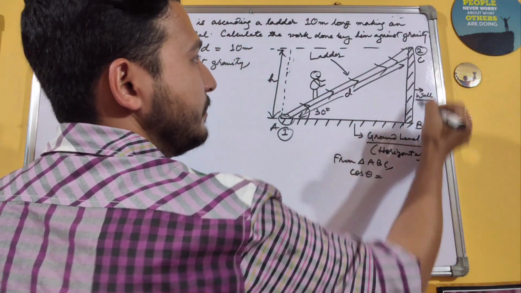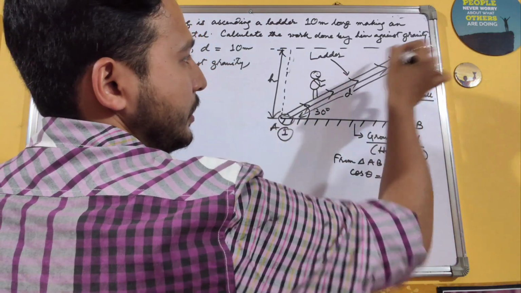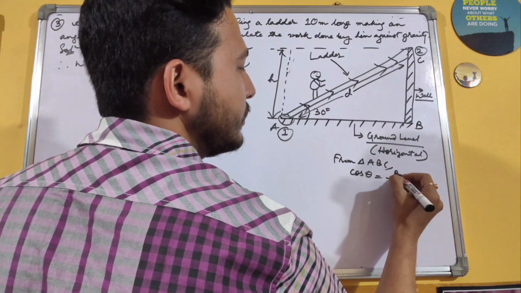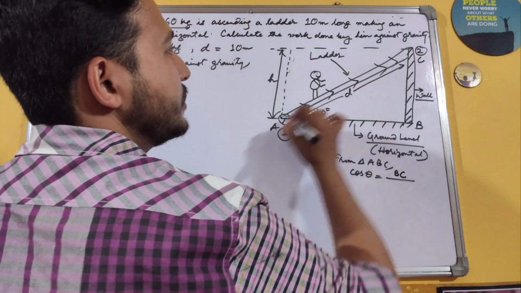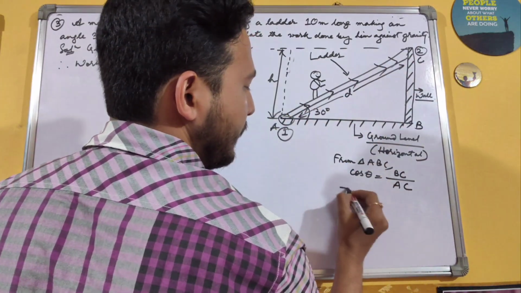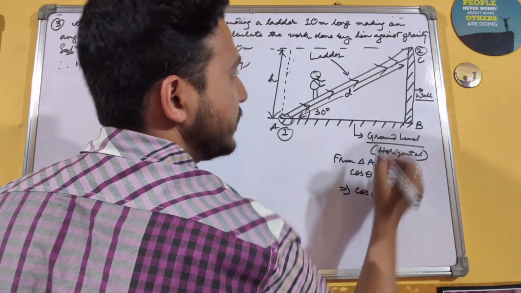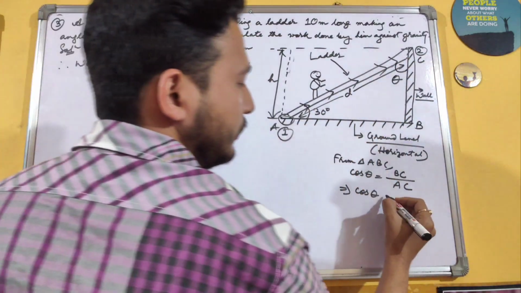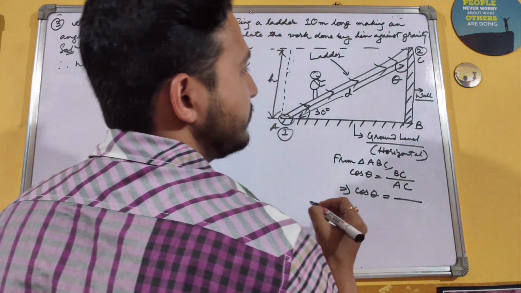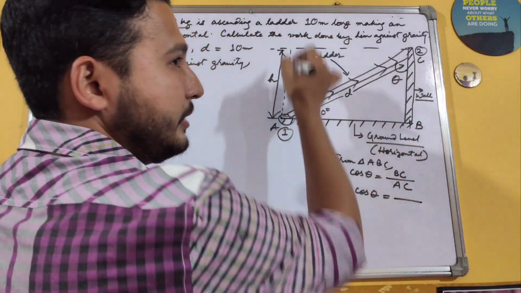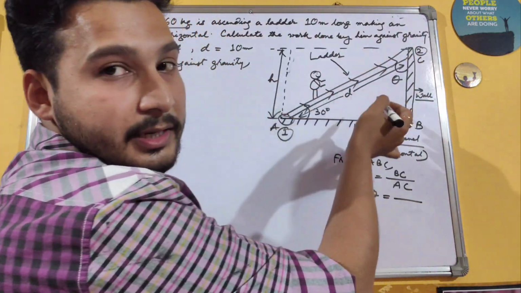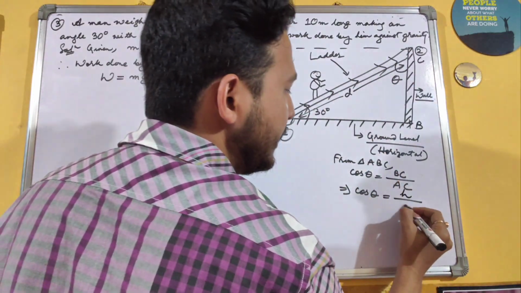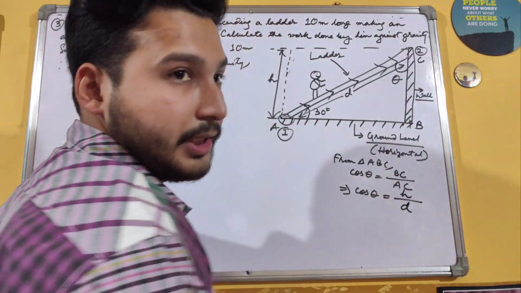Cos theta is base by perpendicular, BC by AC. This is the theta here, not 30 degree. BC is nothing but the height h, since in a rectangle the opposite sides are equal. AC is d.